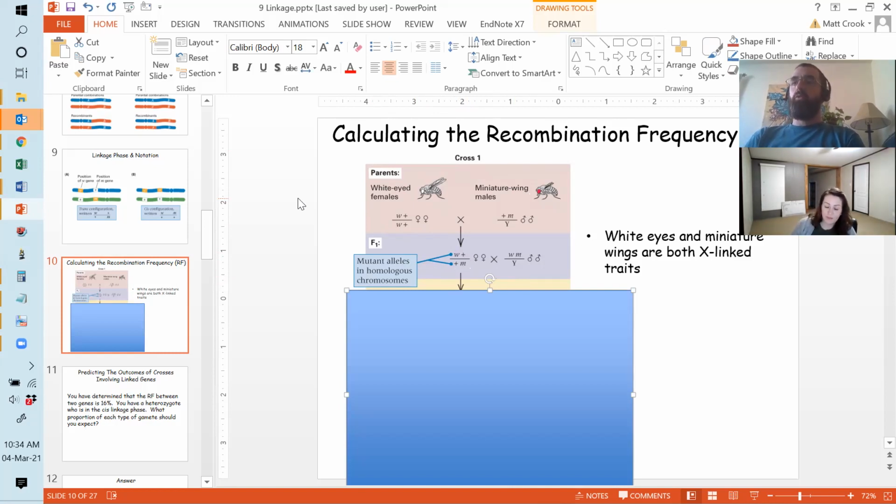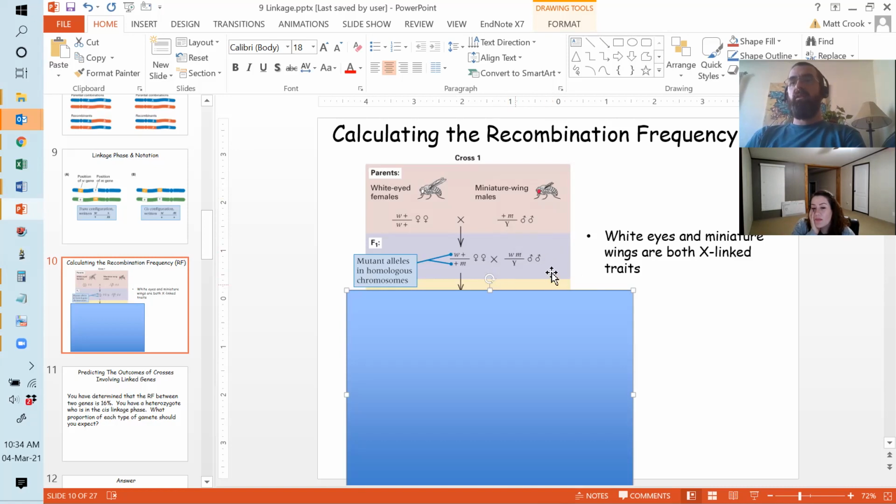What ratio would you expect if those genes were not linked and recombination was always occurring between them? The 9:3:3:1, if they're not linked? No, because this is not a dihybrid cross. This is a backcross.